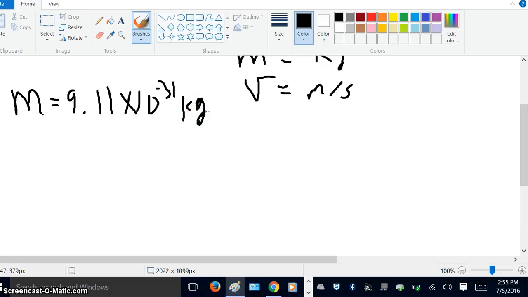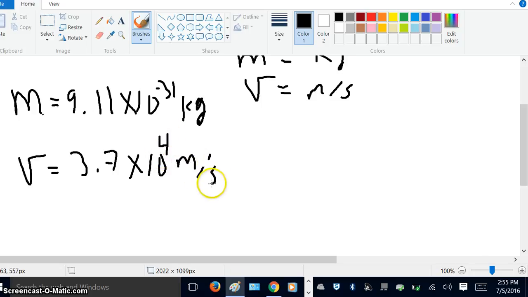We're going to use that. Let's suppose that the velocity of an electron were, I don't know, how about 3.7 times 10 to the 4th meters per second. So that's pretty fast. It's 37,000 meters per second. What's the de Broglie wavelength?